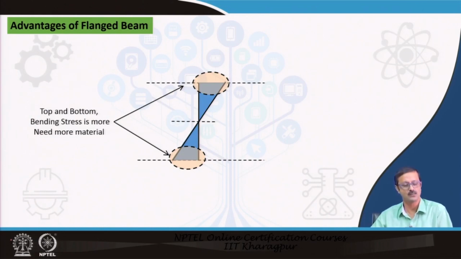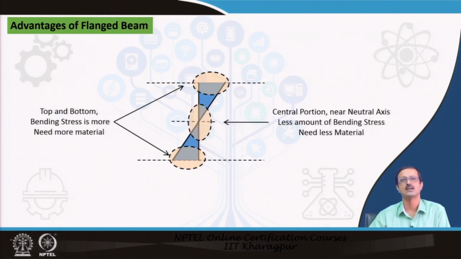That means you require more material over there to resist the bending stress, or to bring the stress within the permissible limit. But if you see the central portions near the neutral axis, near the CG axis of the beam, the bending stress is very less. So, compared to the top and bottom portions, less material is required there, it does not require that much material, right.